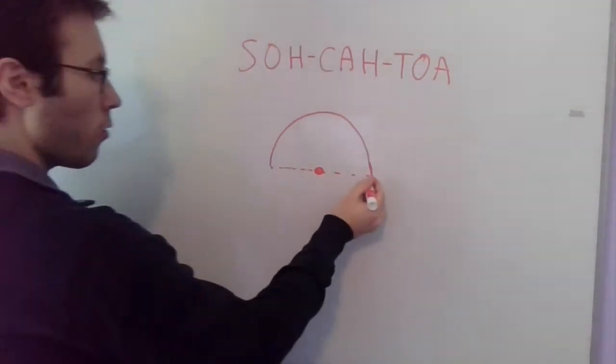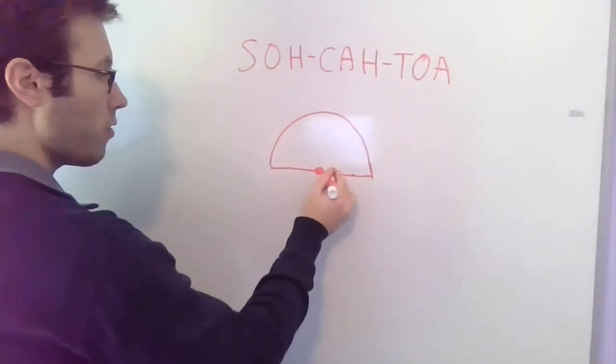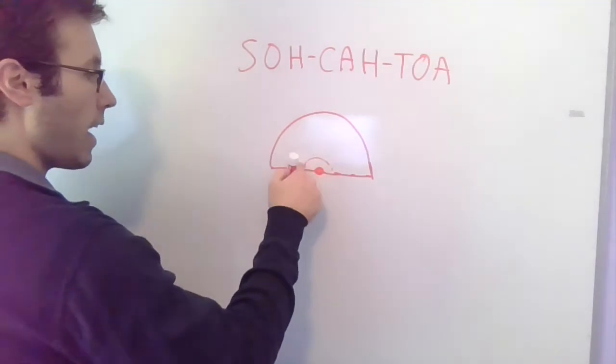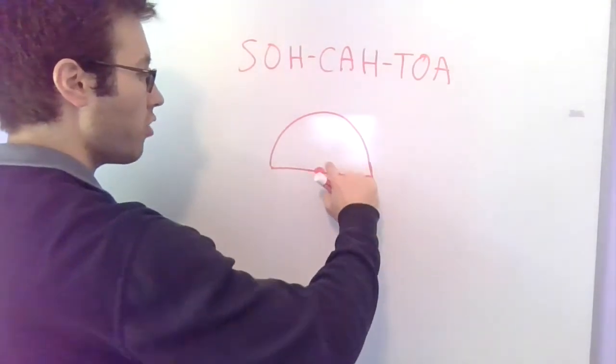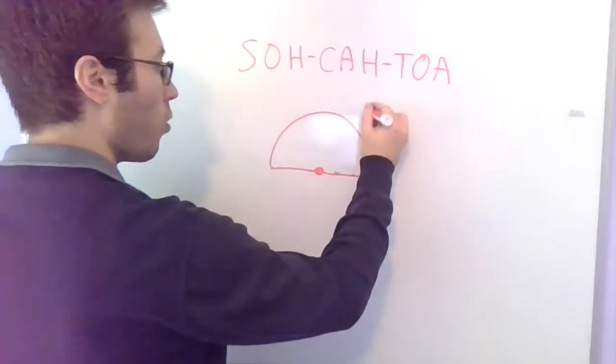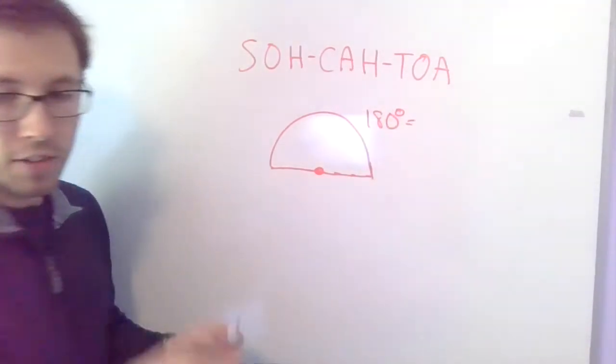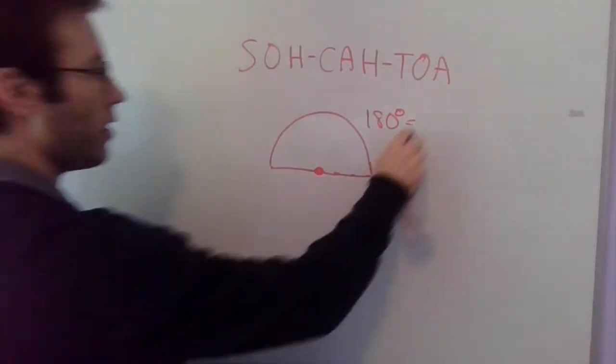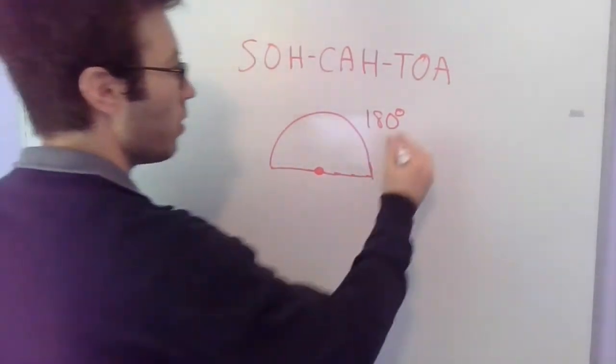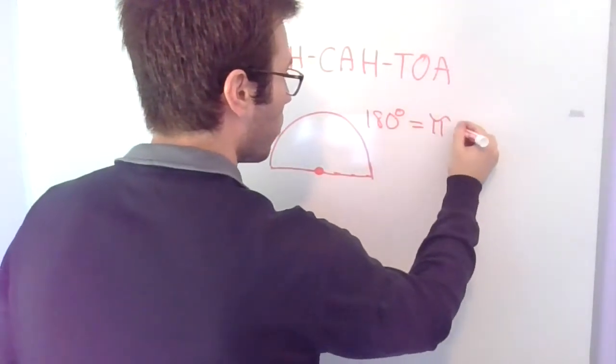So if we were going around, this is a straight line. If we were going to say, well, what is the measure of that angle right here? Well, that's just 180 degrees. And we've defined 180 degrees to really equal pi radians.